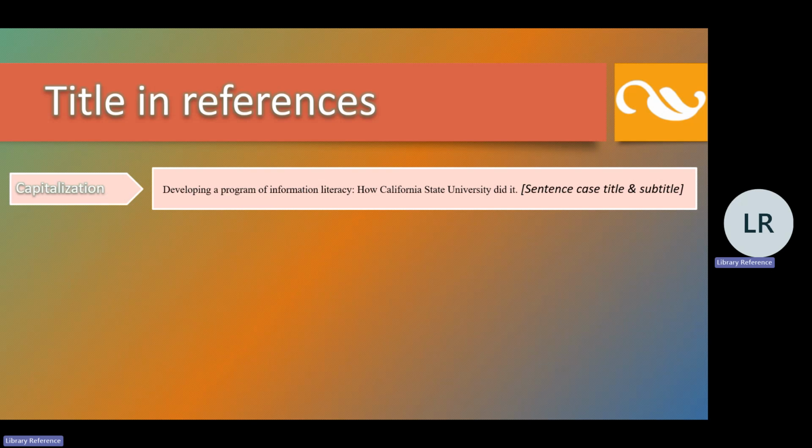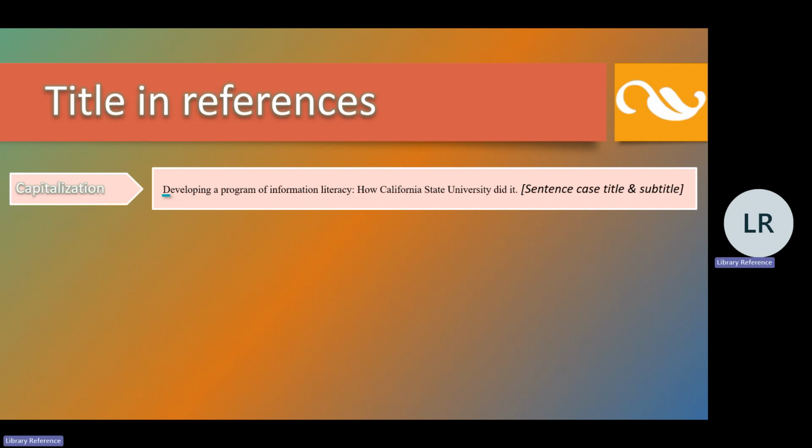What does this mean? It means that we capitalize only the first letter of the title. In the example on the screen, the title is Developing a Program of Information Literacy. So what should be capitalized is the letter D at the beginning of the title.